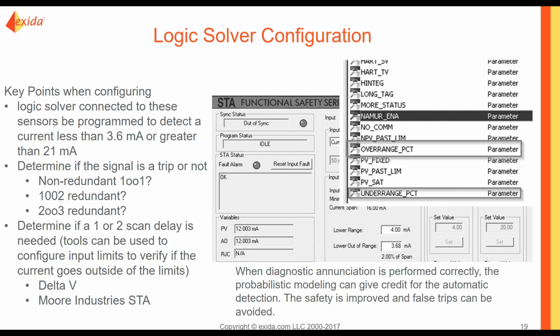The input limits are entered as parameters. When the input current goes outside of the limits, a fault relay output from the module is activated. When diagnostic annunciation is performed correctly, the probabilistic modeling can give credit for the automatic detection. Safety is improved and false trip rates can then be avoided.